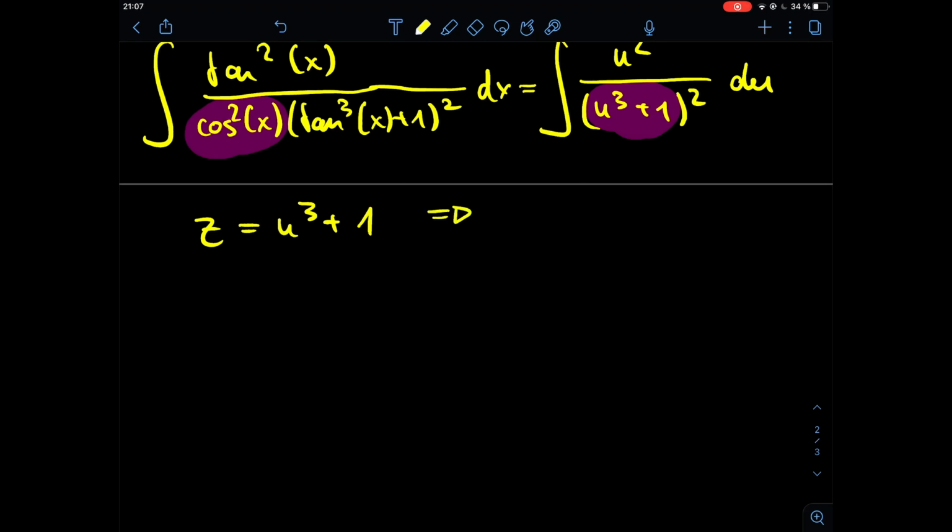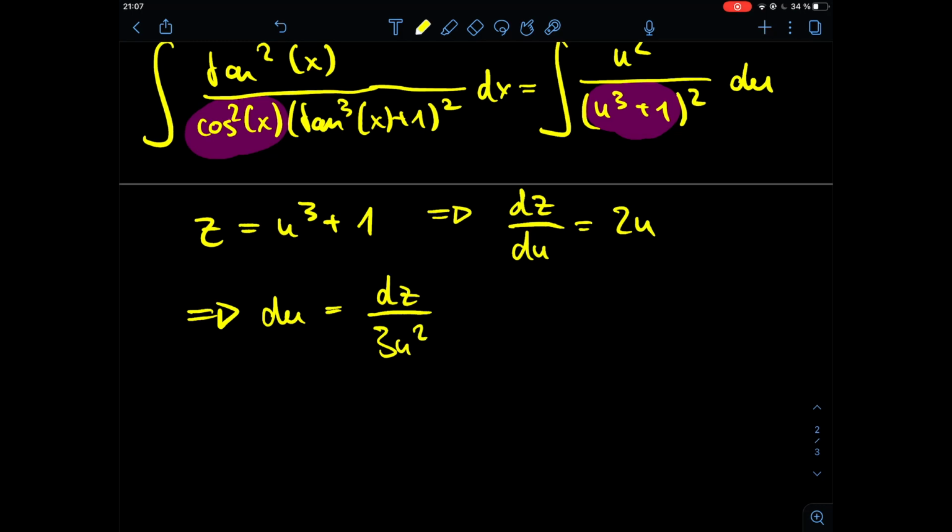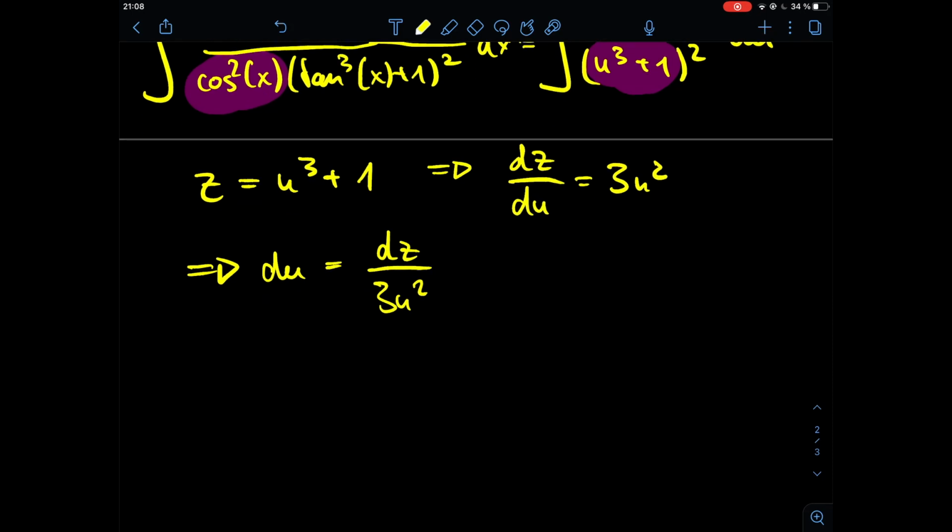Now we take the derivative dz with respect to du, which is 3u squared. I'm sorry, this is wrong, it is 3u squared. So du transforms as dz divided by 3u squared. Now we plug that into our integral.